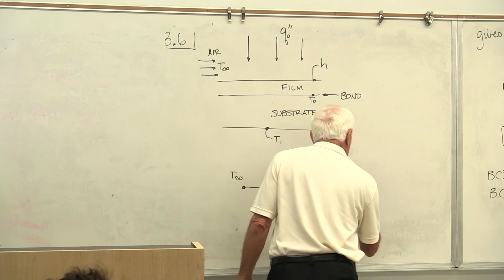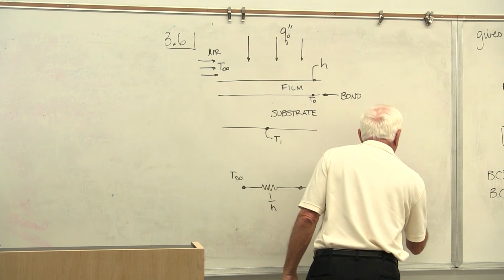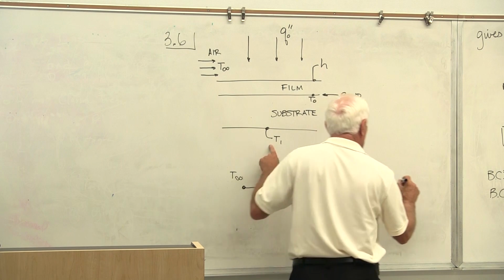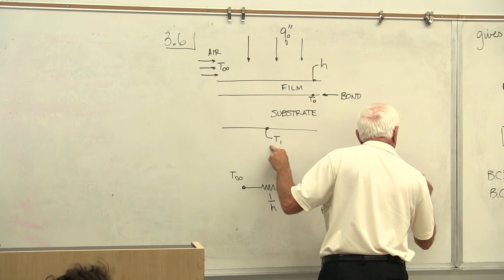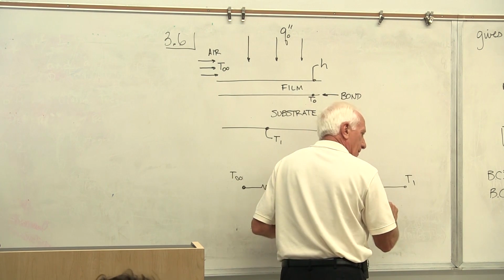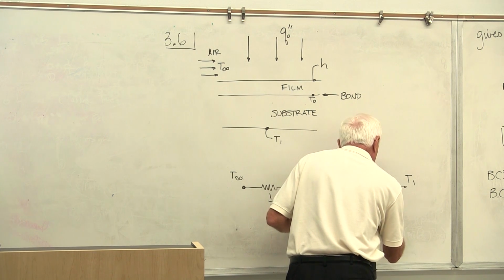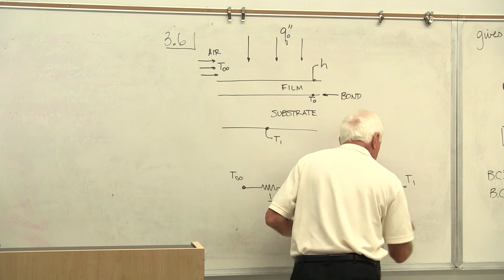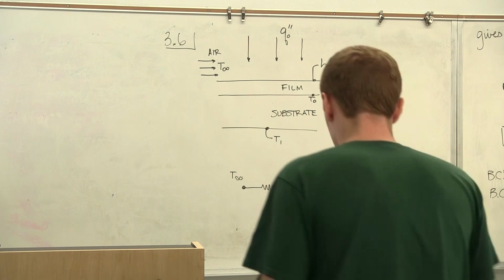Now we go through the substrate, to what temperature? Temperature T1. The conduction resistance, L of the substrate over K of the substrate. Okay, there's our three resistances.